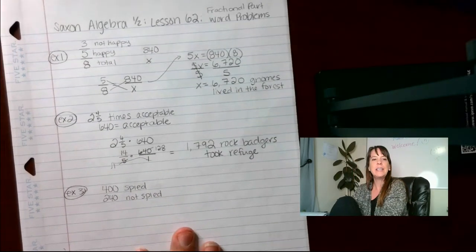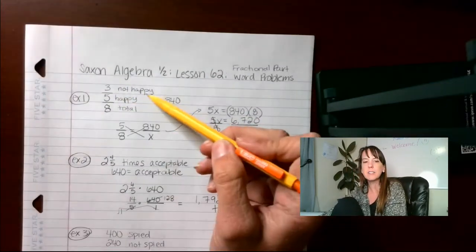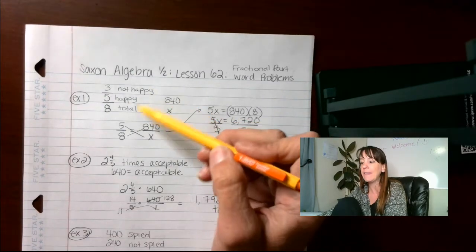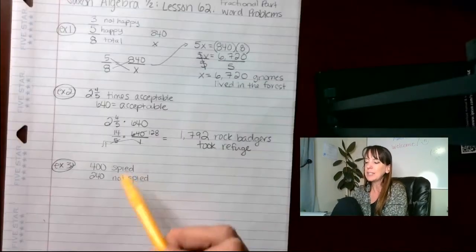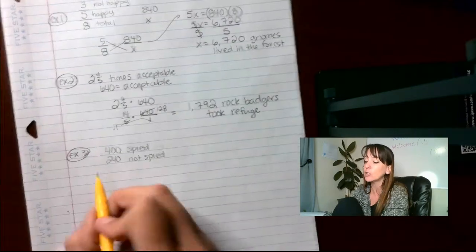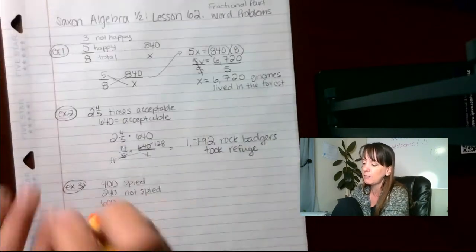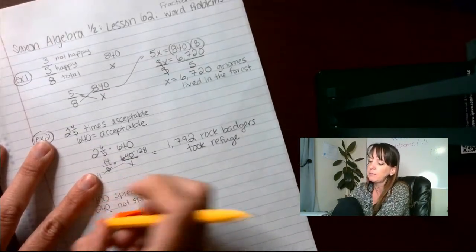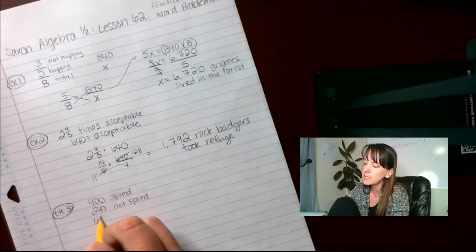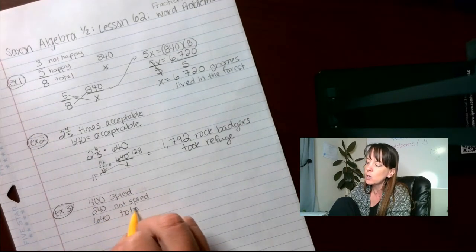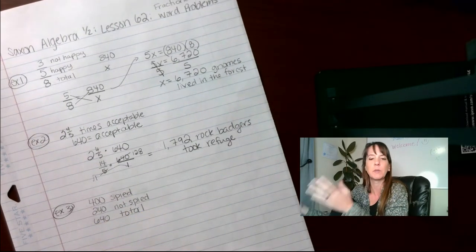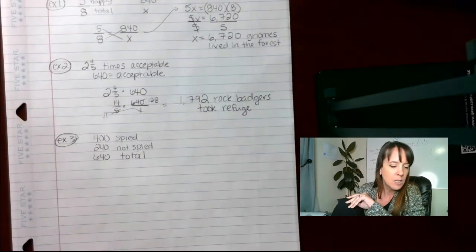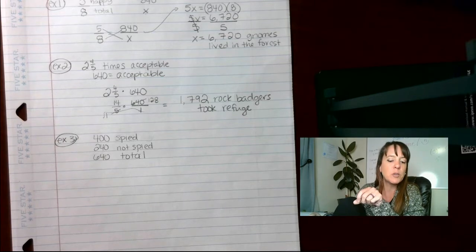Okay, well, again, this is like a three-parter. Remember back at this first one, it said happy, not happy, and then our total, right? Well, we've got spied, not spied, and then our total, which is 640. Would help if I could add. Got a little excited there. 640 total. And it would help if I could spell today. There we go. If 240 ghosts were not spied, what fraction of the ghosts was not spied?